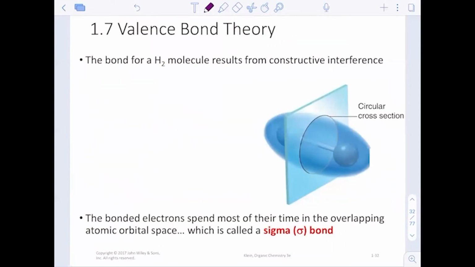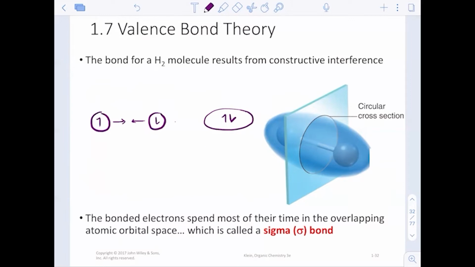The bonds for an H2 molecule, hydrogen diatomic, result from a constructive interference. So if we think about the 1s orbital with one electron and the other 1s orbital with the other electron coming together, what we start to see is a big cloud or a Venn diagram of bringing them together.